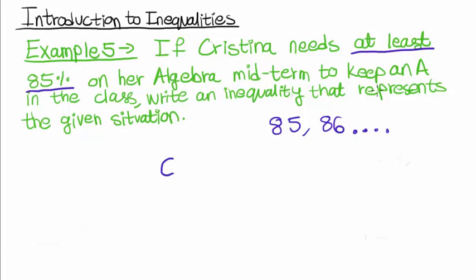So when you have at least, you know that there will be a little dash in the inequality symbol. Now the only thing left to do is to write down the 85 over here because that is the base number that we're given, and figure out if my inequality will read C is less than or equal to 85 or C is greater than or equal to 85.